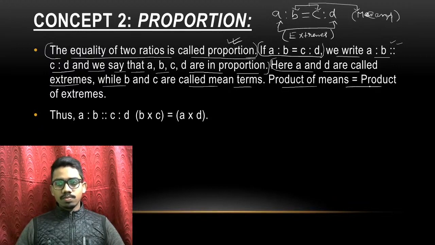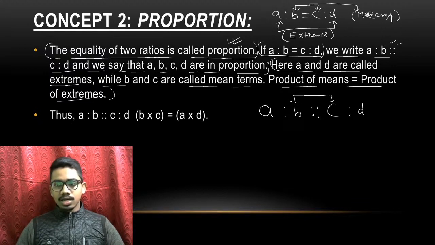So product of mean and product of extreme. Product of mean equals product of extreme. Look here, guys, carefully, I will write it a little bigger here. A ratio B equals C ratio D. So what did we find out from here? B and C, they are mean, and A and D, they are extremes.